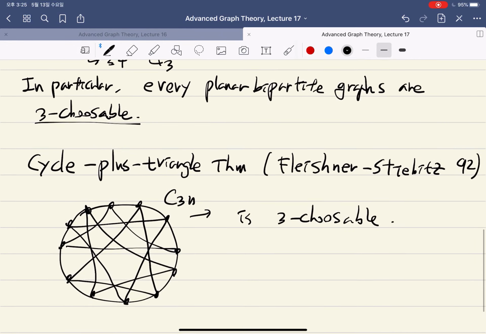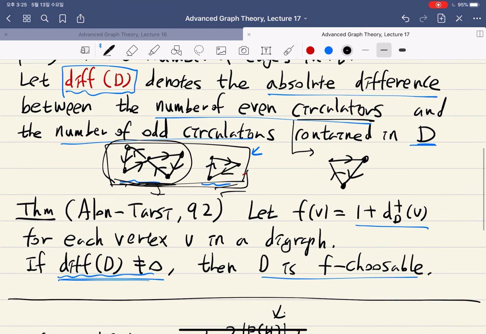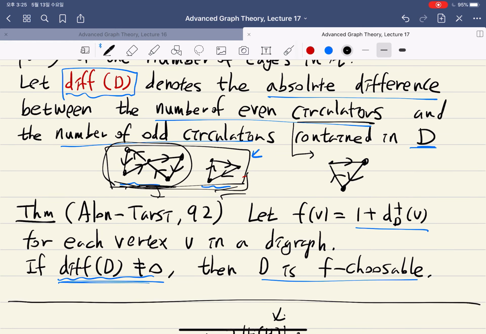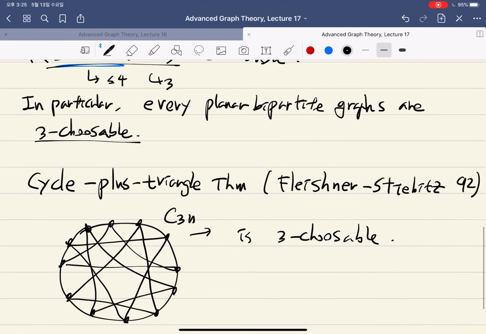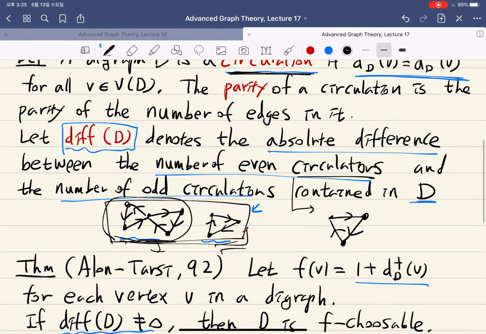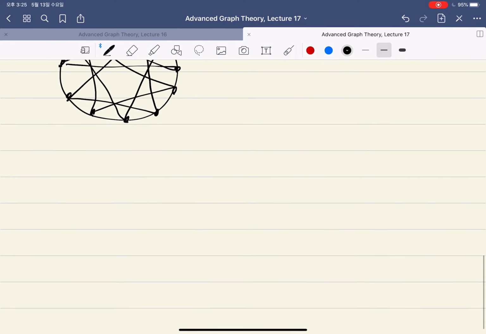And now we want to see why orientation and coloring, the chromatic number, are related. So in order to prove the Alon-Tarsi theorem, let's first see the intuition, why this orientation has something to do with the chromatic number.